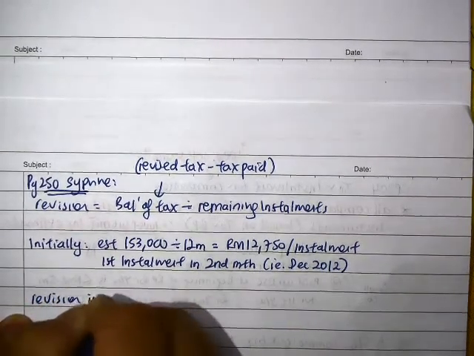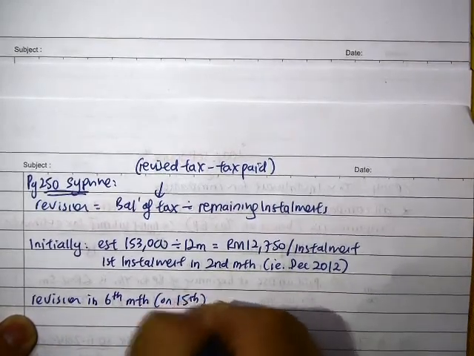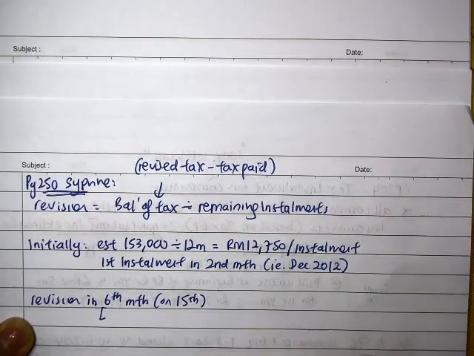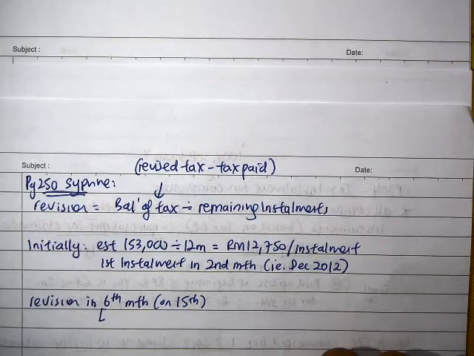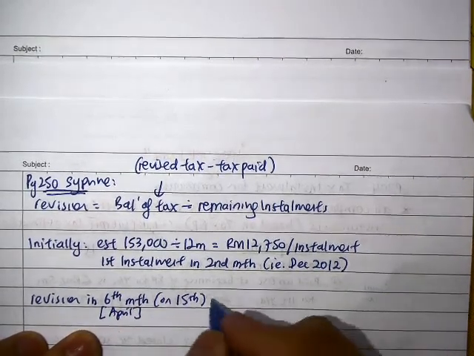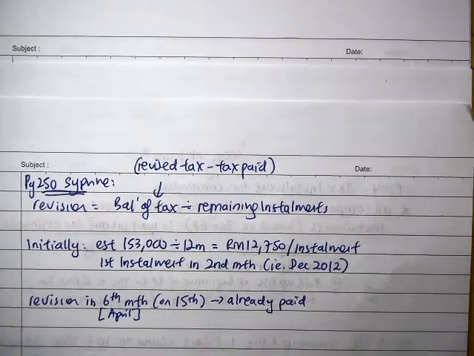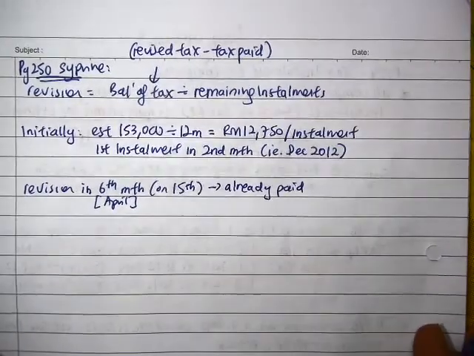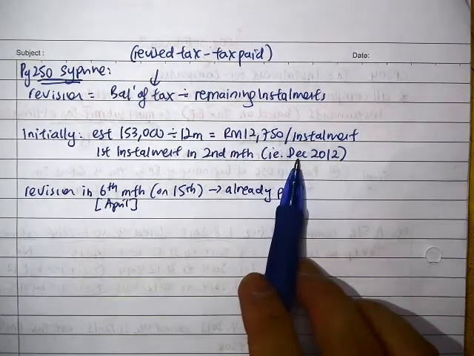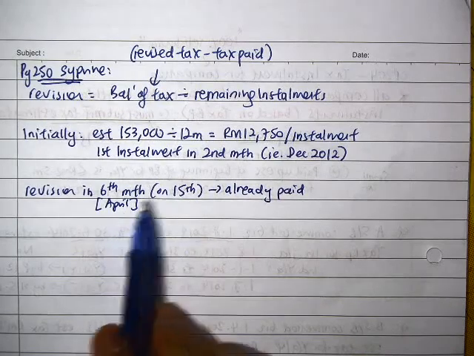Okay. So you think and see the revision in the 6th month on the 15th. 6th month is which month? 10, 11, 1, 2, 3, 4, April, right? Now, that means you already paid how many installments? You start the 1st in December, you revise in April, but you do it on the 15th.